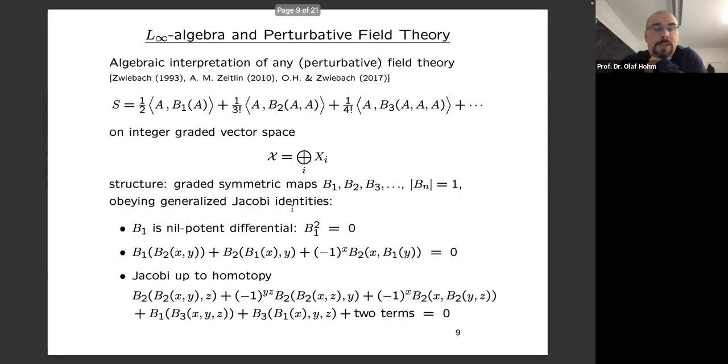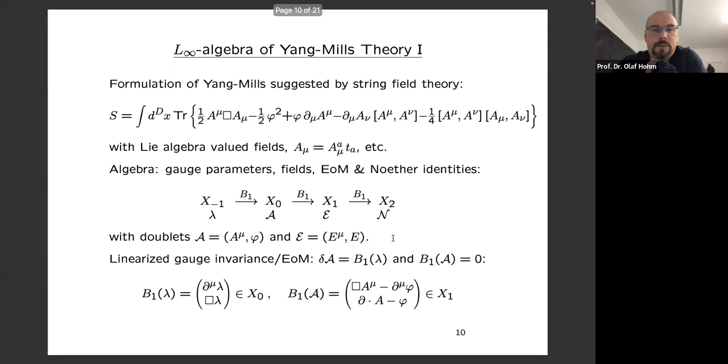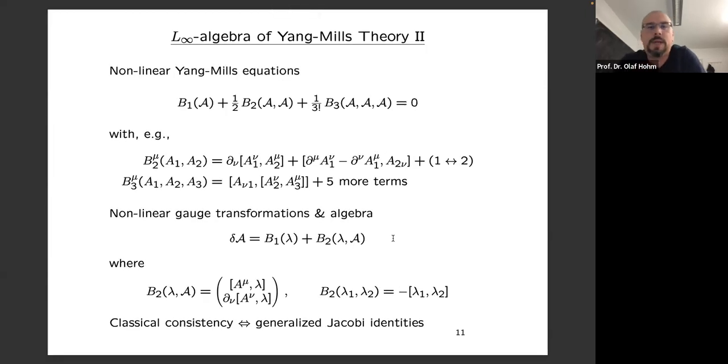So these relations here that define an L-infinity algebra is exactly what you need to check the consistency of a classical field theory. So in that sense, L-infinity algebras are sort of the abstract essence of a perturbative classical field theory. So consistency is precisely encoded in these L-infinity relations.